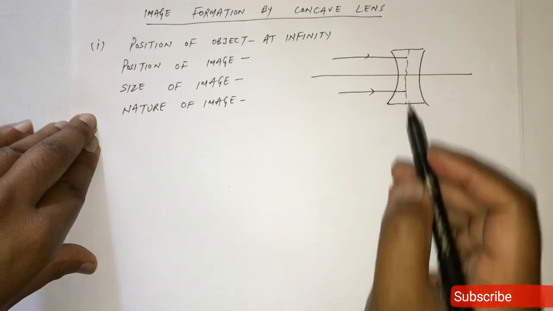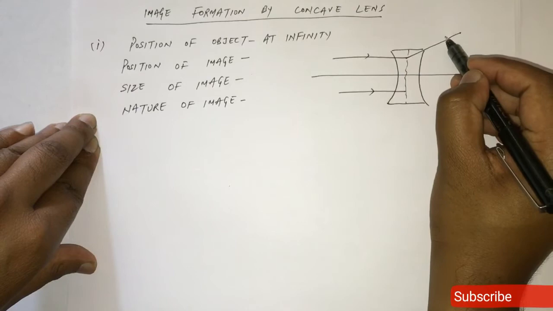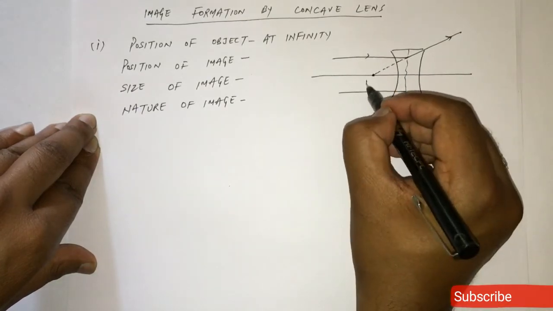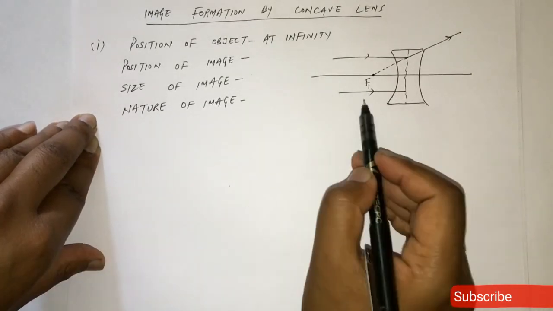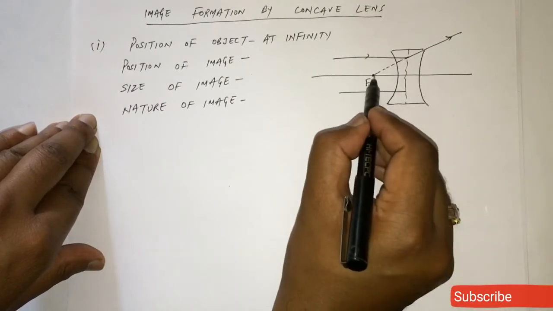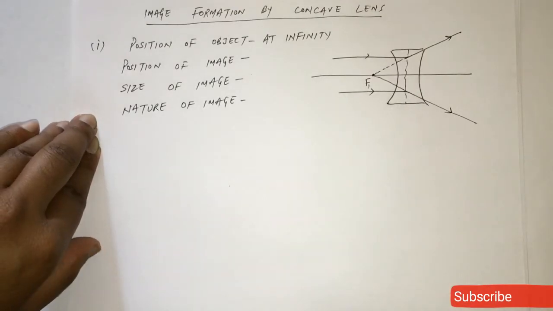Now the rule says if a light ray travels parallel to the principal axis, in the case of concave lens it appears to pass through focus. Clear? Again the second light ray is also parallel to the principal axis, so it appears to pass through focus.